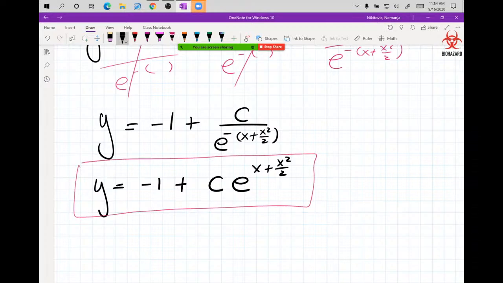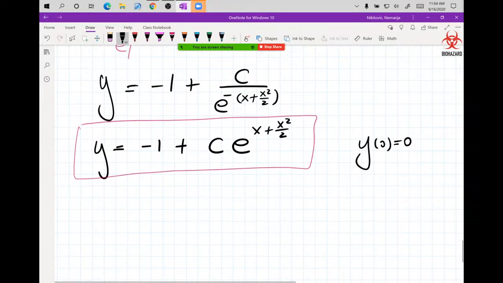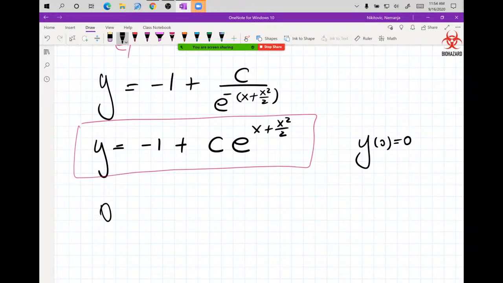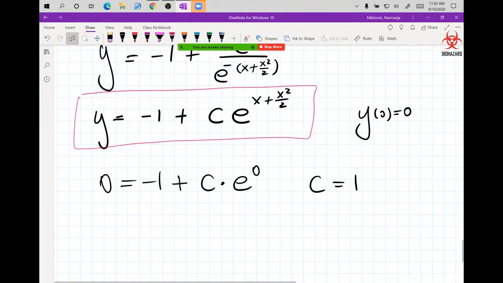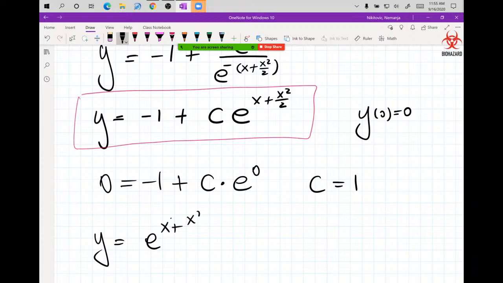And now we use y of 0 equals 0 to compute c. When you plug in 0 for all of these x's, you get e to the 0, which is 1. So c is 1. And the solution is e to the x plus x squared over 2 minus 1.